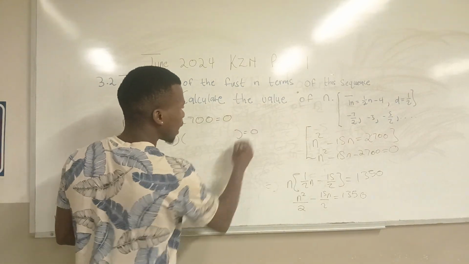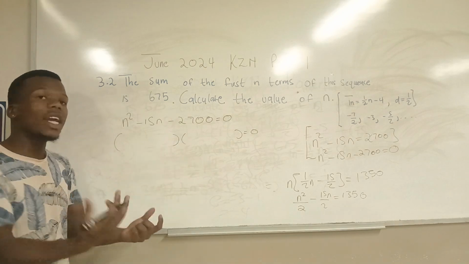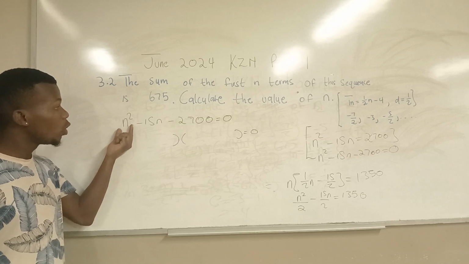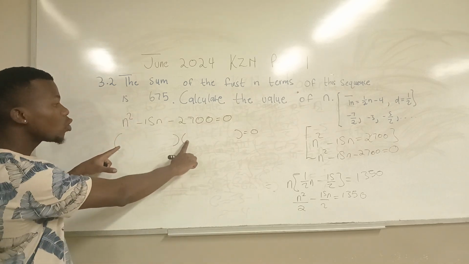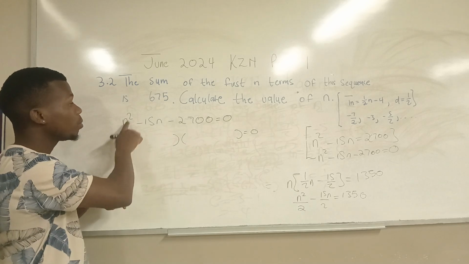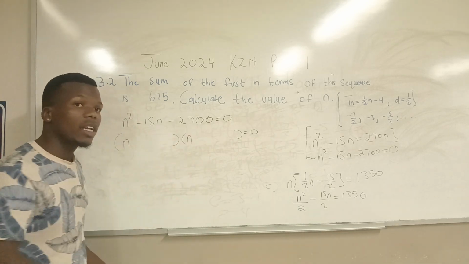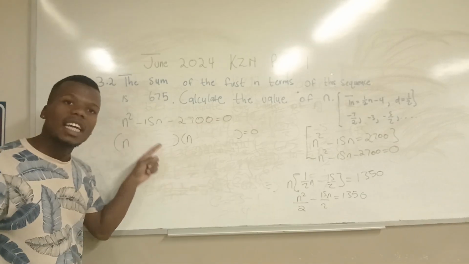We are factorizing these. Remember, the first two terms, when I multiply them, must give me the first term of my equation. What is the first term? It is n squared. So these two terms, when multiplied, must give me n squared. I will have n and n, because n multiplied by n is n squared.